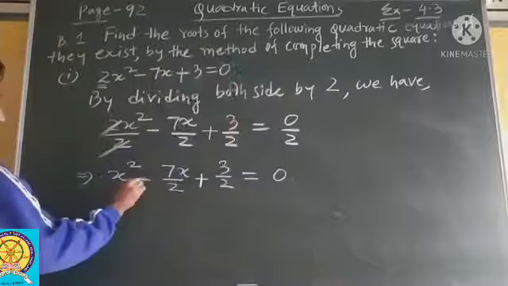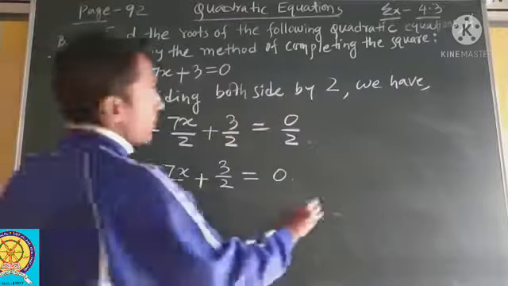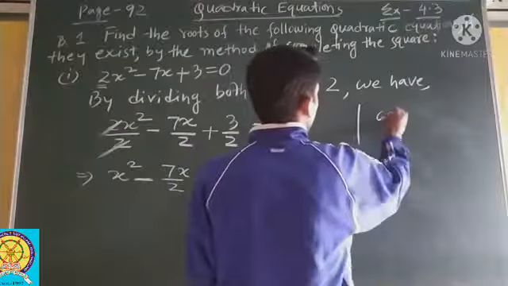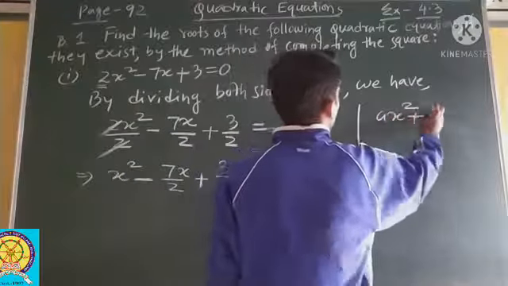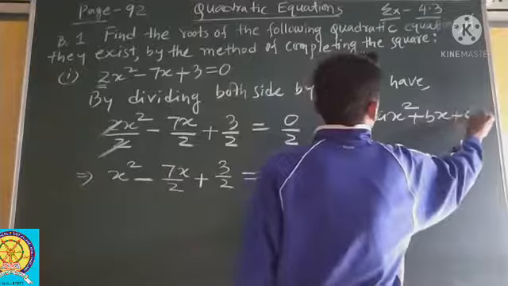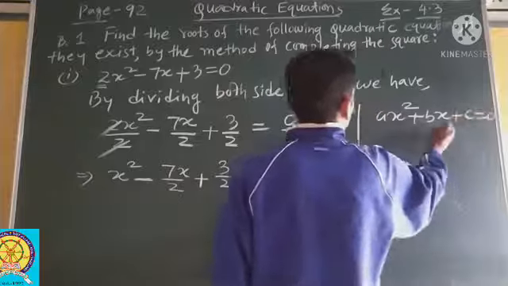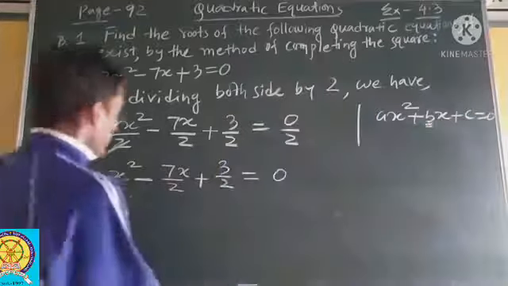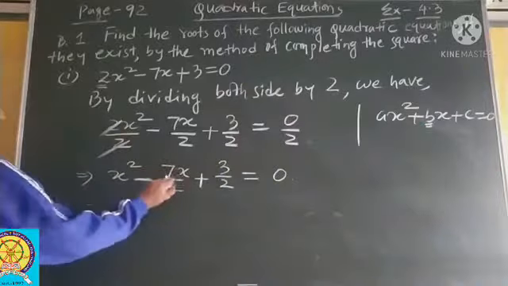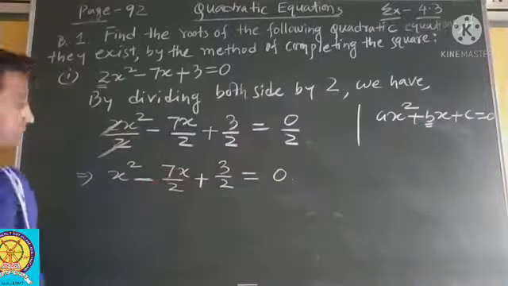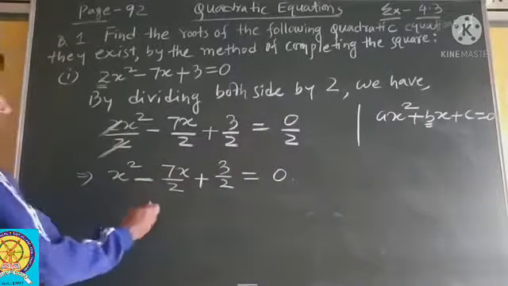So here, the general quadratic equation is what? ax squared plus bx plus c is equal to 0. Coefficient of x here, how much? Coefficient of x is minus 7 by 2. So it is negative.